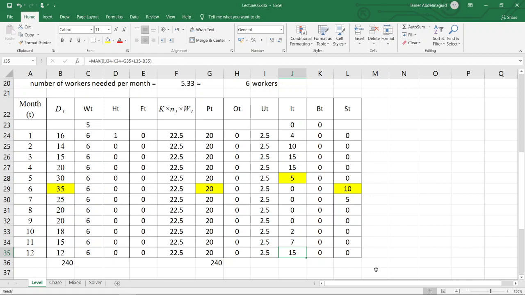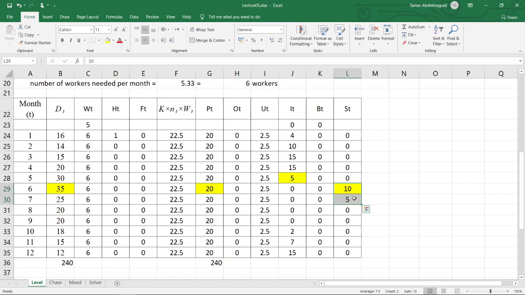And again, these 15 units will cost you money. Now, as you might see here, this 15 is exactly the same as the number of subcontracted units, which we actually did in periods 6 and 7.